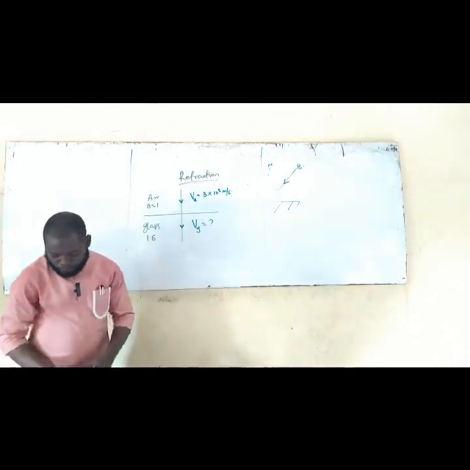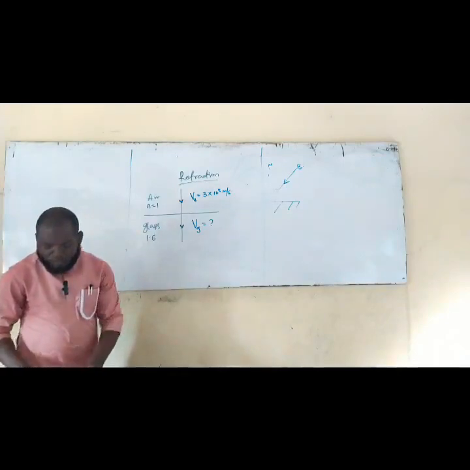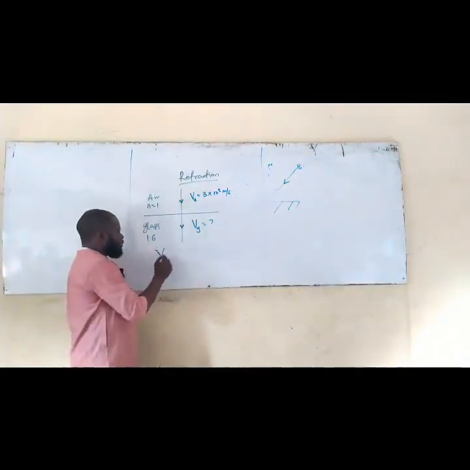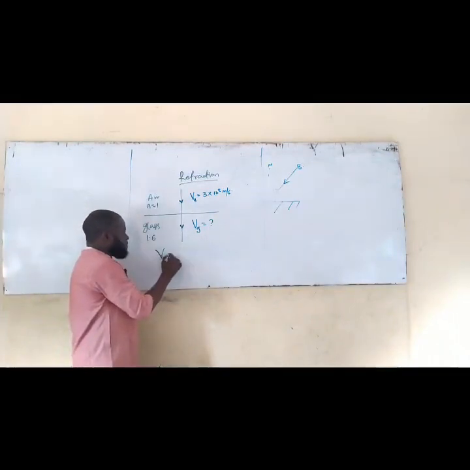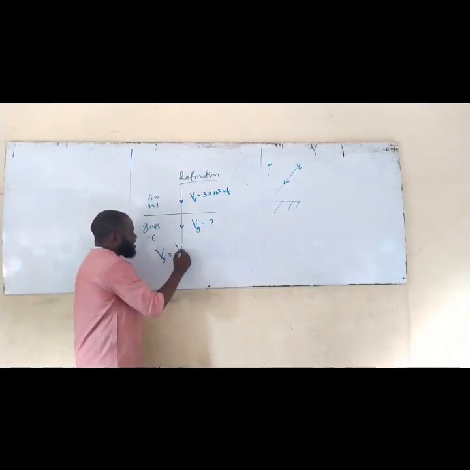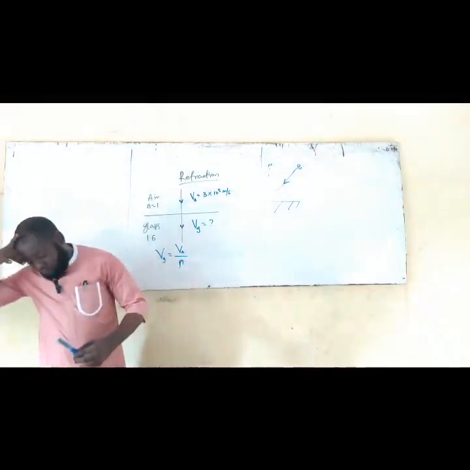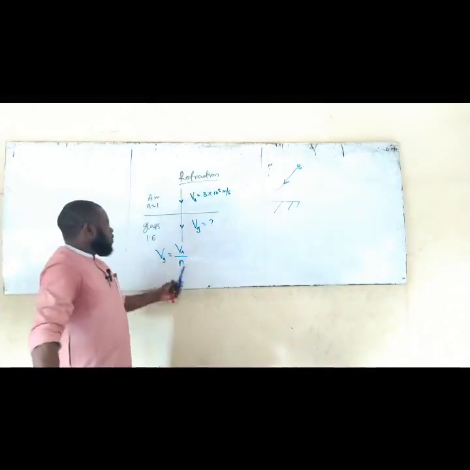So take this. We can say the velocity of light in another medium is equal to the speed of light in air divided by the refractive index. What do I mean?